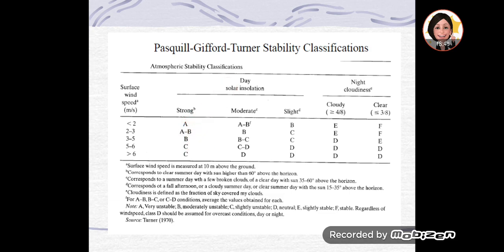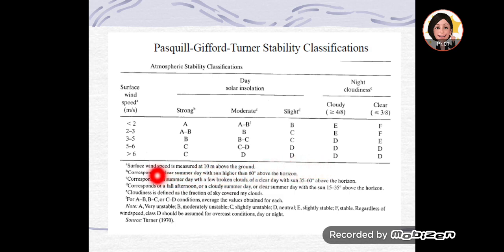So you have a day, then you have night, and you can have solar insolation and cloudiness. During the day, these are the atmospheric stability classifications. Then you have C, which is a daytime with few broken clouds with sun 35 to 60 degrees above the horizon.